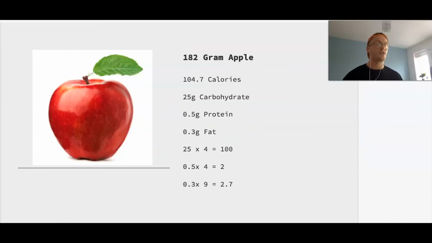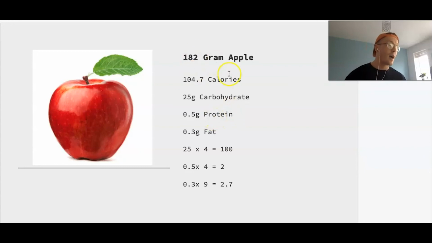As you can see on the screen, to understand the calorie content of this food, we need to multiply the grams of each nutrient by its calorie value. These are the amount of grams of the macronutrients in the food. There's 25 grams of carbohydrate, 0.5 grams of protein, and 0.3 grams of fat.